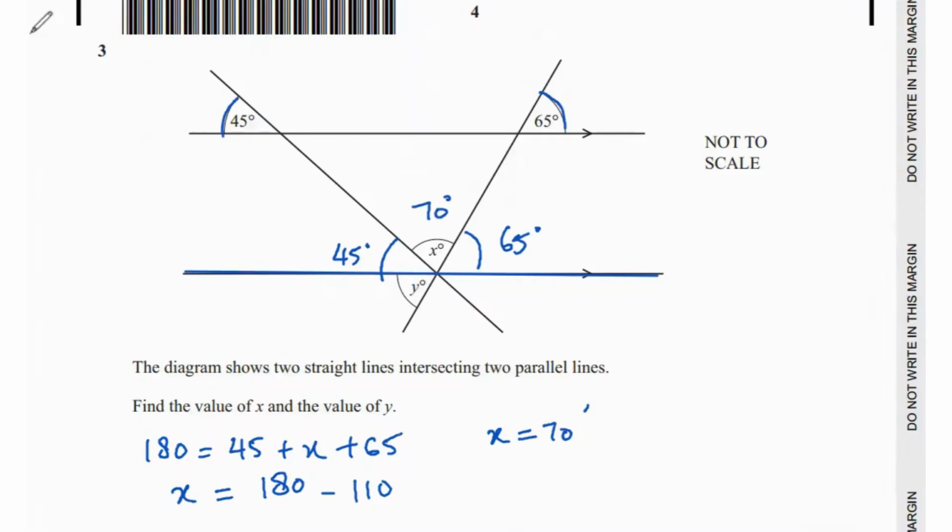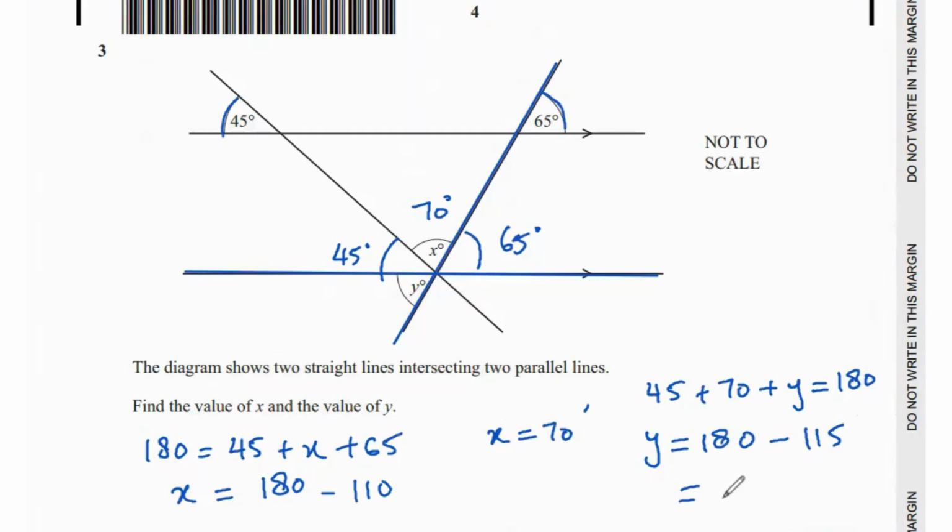And then to find y, we can see that this is another straight line. So 45 plus 70 plus y equals 180, which means y is going to be 180 minus 115, which is equal to 65 degrees. So x is 70 and y is 65.